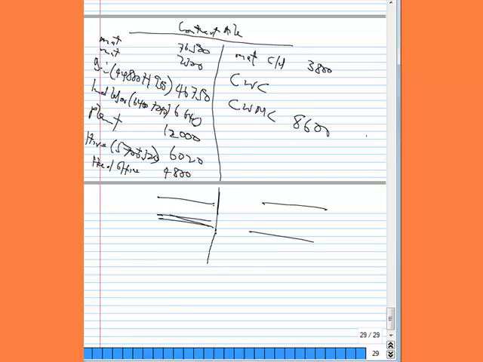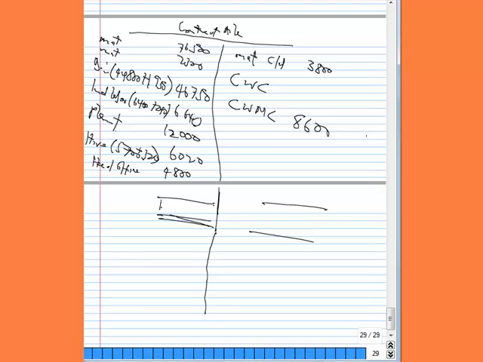So the balance will represent the cost of work certified. Summing up everything, we have 76,800 plus 2,300 plus 46,750 plus 6,640 plus 12,000 plus 6,020 plus 4,800.